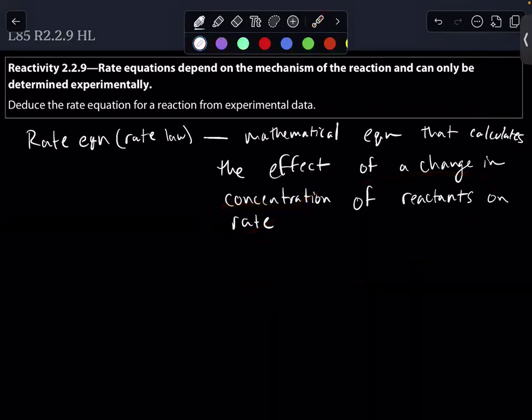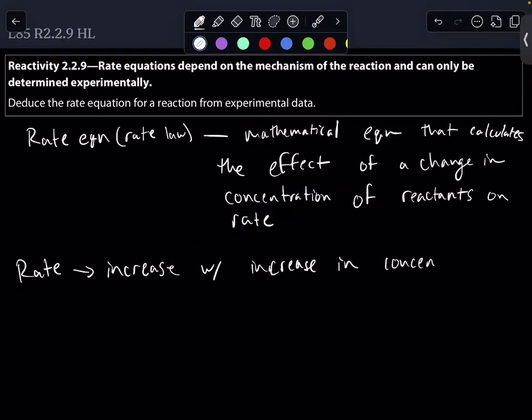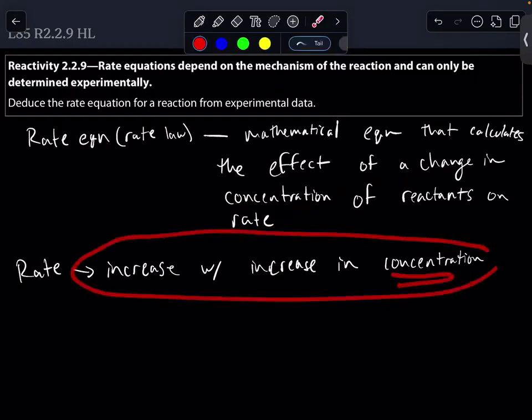Because one of the things we know from collision theory is that our rate is going to increase with an increase in concentration. With more concentration, we have more particles moving around, and they're just going to bump into each other more.